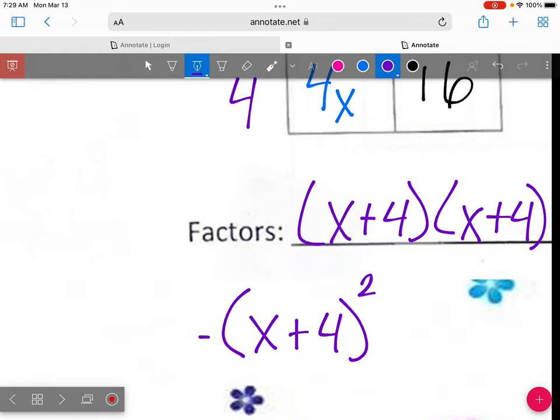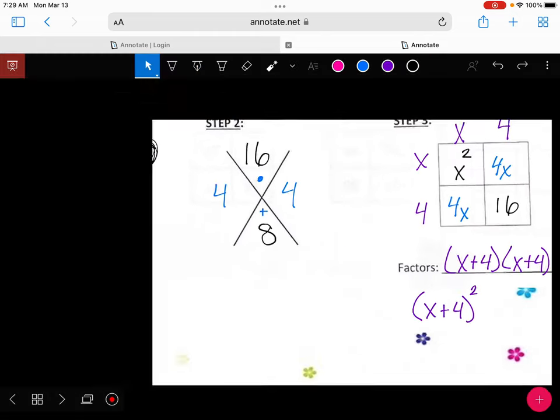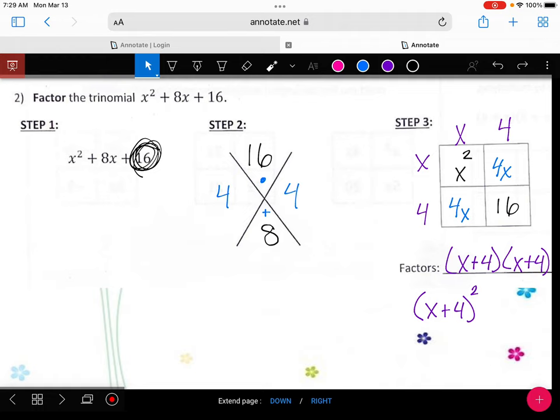I wanted to bring that up because we may see that notation throughout the course of the chapter, and I wanted you to see that those two things are 100% equivalent. Questions on this one? Kiyuki.